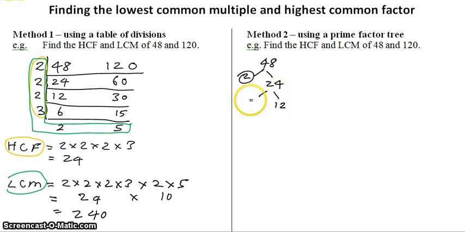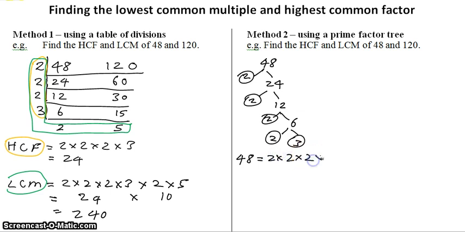And again, if you think of small prime numbers to start with, that works. 2 into 12 goes 6, and I'm branching out all the time, and then 2 into 6 goes 3. Alright, and you'll notice then that 48 must be 2 times 2 times 2 times 2 times 3.